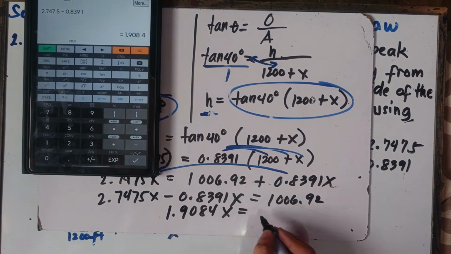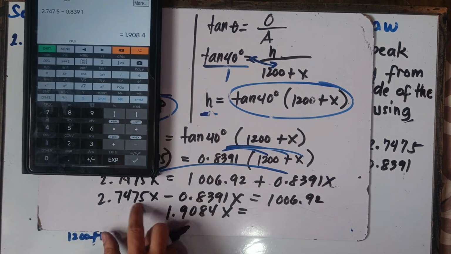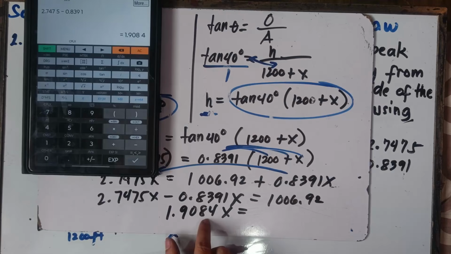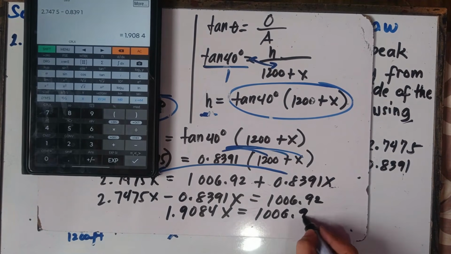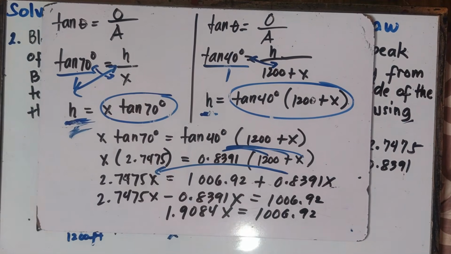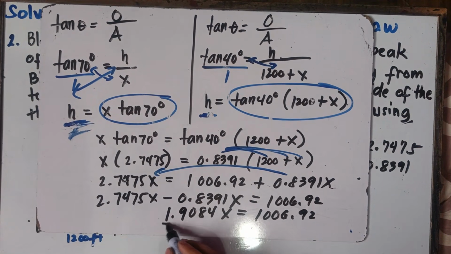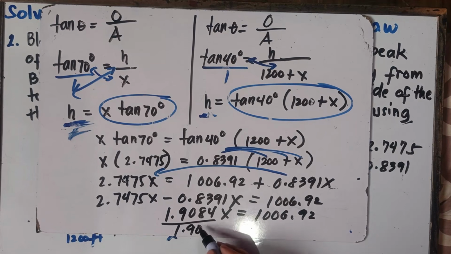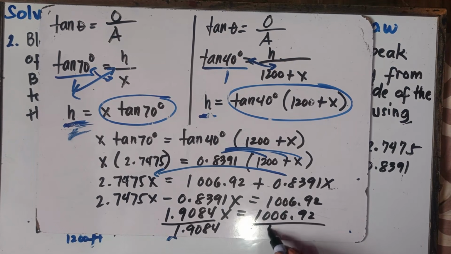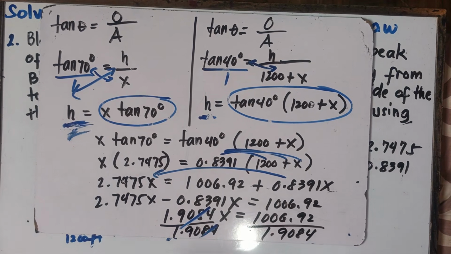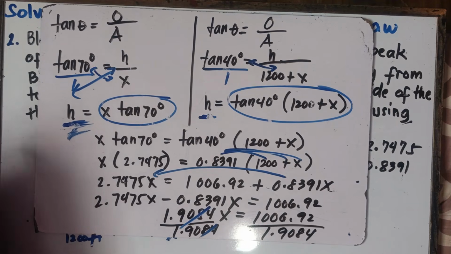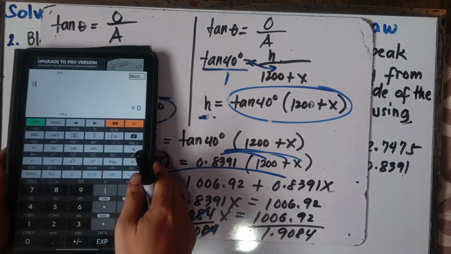1.9084. Once again, simply subtract this one, the answer is 1.9084x is equal to 1,006.92. And then to get the value of x, simply divide both sides by 1.9084. Cancel this out, and the value of x is equal to, almost done class.